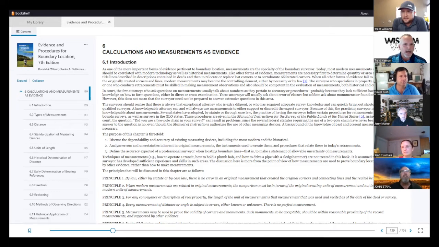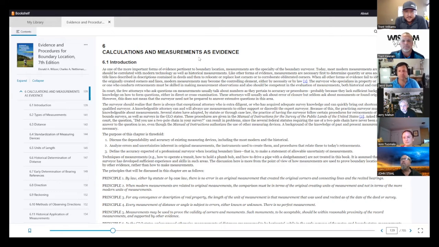So tonight, chapter 6, calculations and measurements as evidence. What's the first thing that jumps out for you, Trent? Well, I think we ought to look at the fourth paragraph down. It says the purpose of this chapter is threefold. One, discuss the dependability and accuracy of existing measuring devices, including the most modern and the historical.